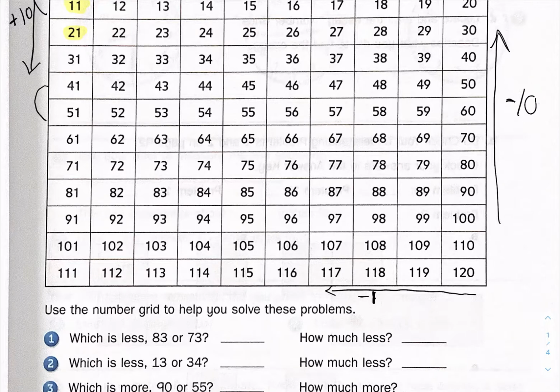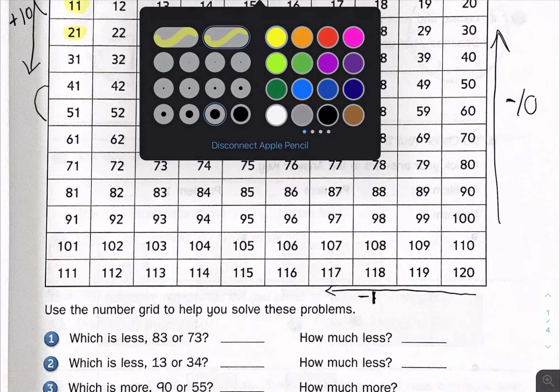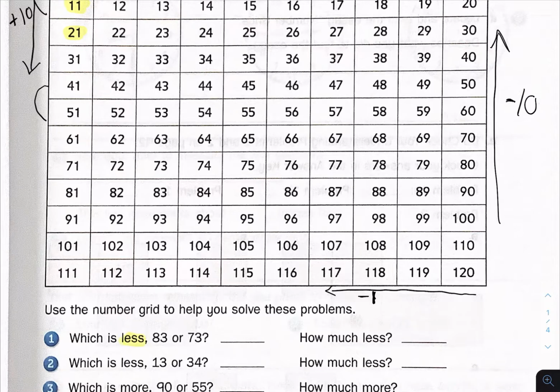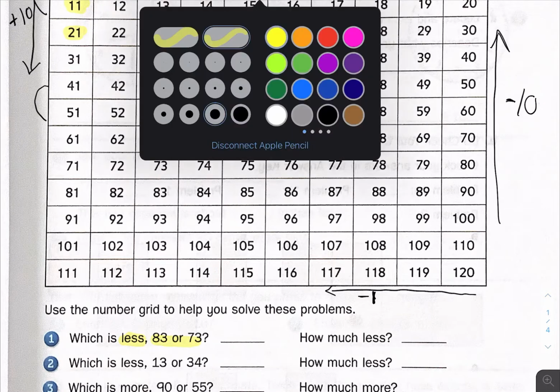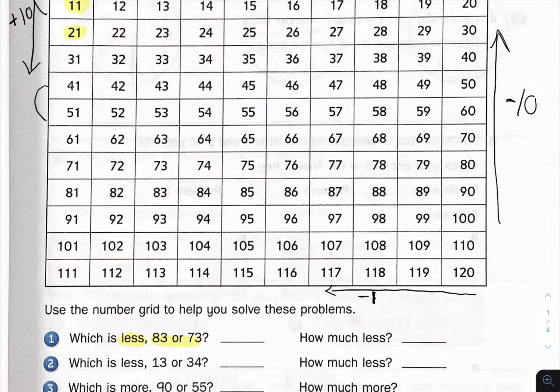So let's see, which is less? 83 or 73? So let's look on the grid and find 83 and 73. So which one is less? So which one is higher up on the number grid?